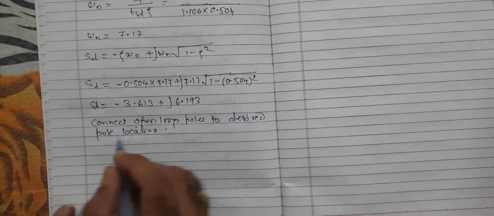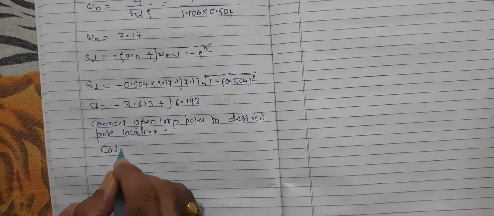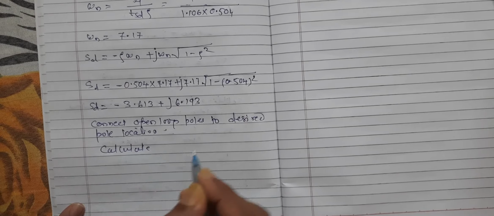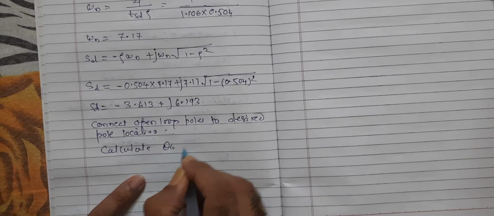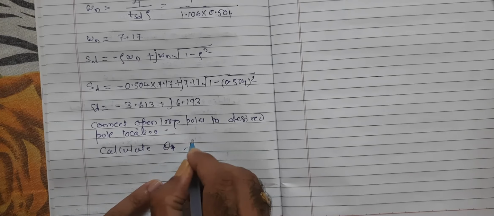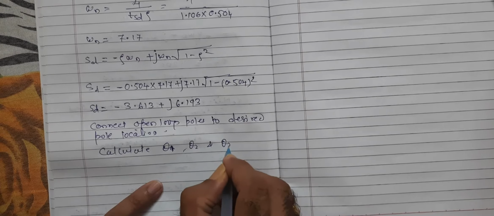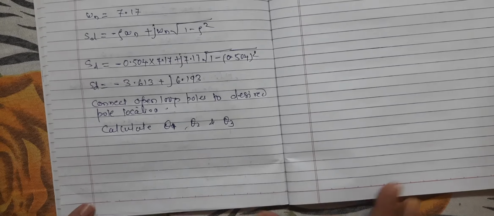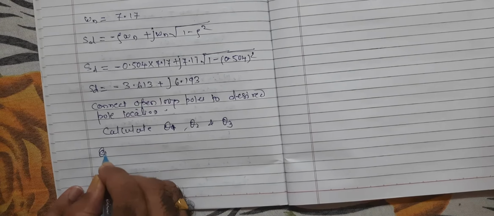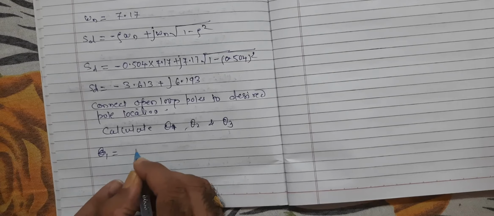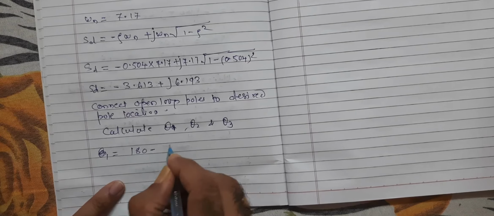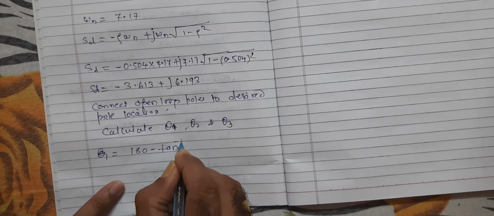Okay, calculate theta 1, theta 2, and theta 3. Theta 1 is equal to 180 minus tan inverse in bracket.